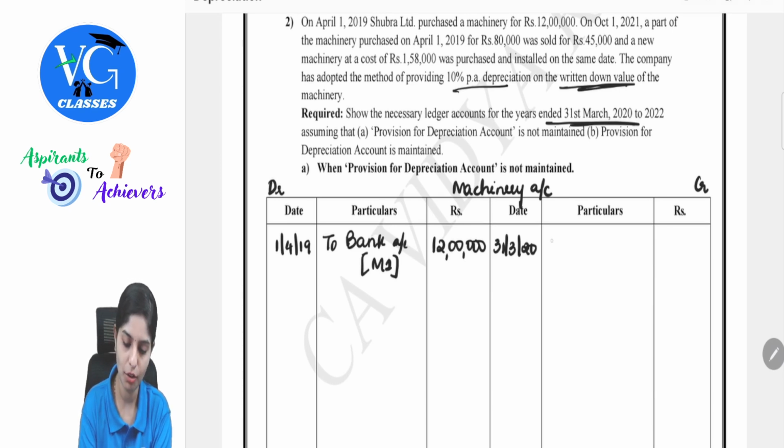There is one asset on which we need to calculate depreciation. Depreciation is on written down value on 12 lakh, 10% will be 1,20,000. This is for the whole year.